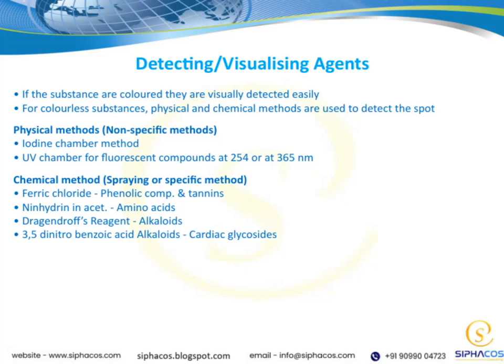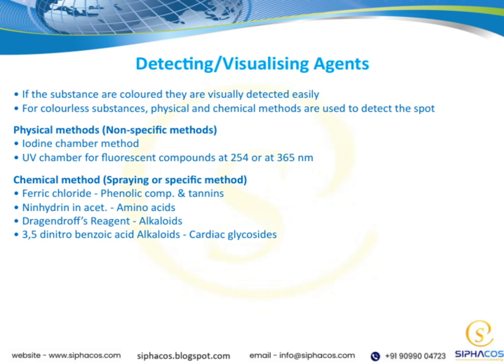When it comes to detecting and visualizing agents on a substance, the first thing to note is that if the substance is colored, it becomes quite easy to identify visually because the color itself acts as an indicator. However, the situation gets a bit more complex when dealing with colorless substances. In those cases, we need to rely on physical and chemical methods to detect the spots.